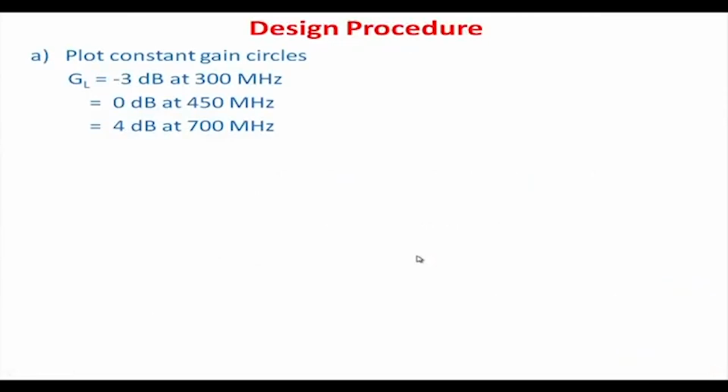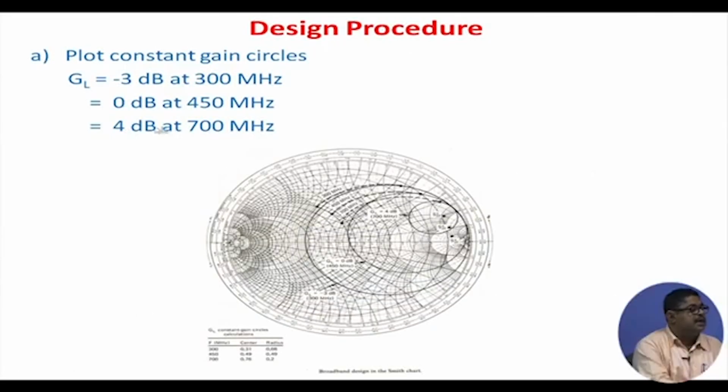Now, the design procedure: plot constant gain circles, GL equal to minus 3 dB at 300 megahertz. We are doing it for the output side, the load side, because on the input side we can have anything and that will give us something. So, GL I require is minus 3 dB at 300, 0 dB at 450, 4 dB at 700 megahertz. We have plotted these circles.